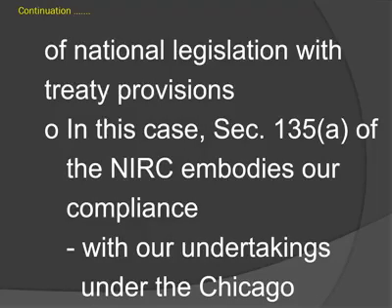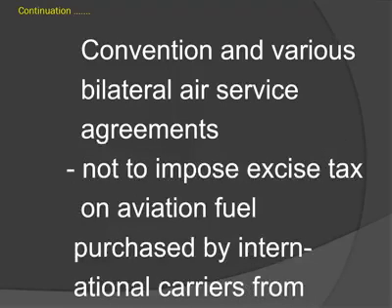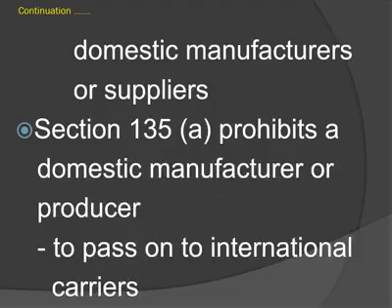In this case, Section 135A of the NRC embodies our compliance with our undertakings under the Chicago Convention and various bilateral air service agreements not to impose excise tax on aviation fuel purchased by international carriers from domestic carriers.